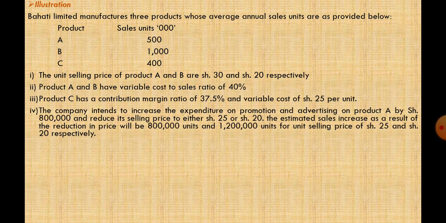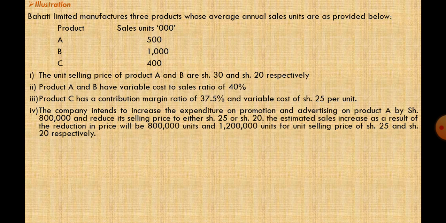We are also given other information here, that the company intends to increase the expenditure on production and advertising on product A by shillings 800,000 and reduce its selling price to either shillings 25 or 20.